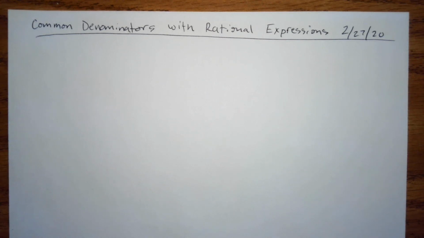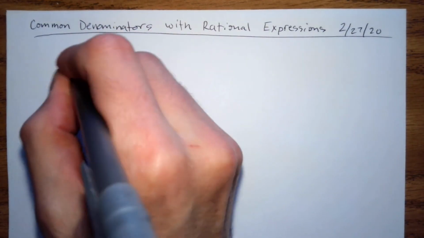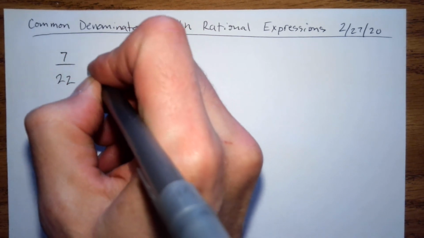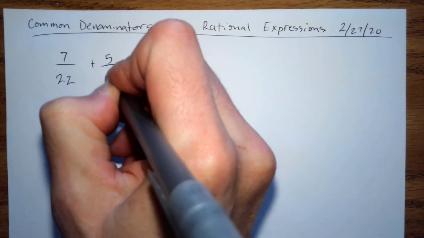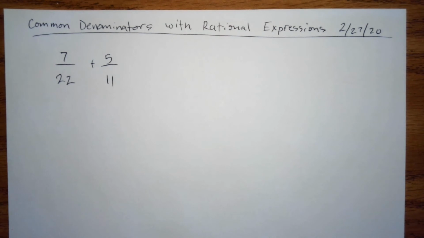The first thing that I want to do is review if you're getting common denominators with just numbers. So if you have 7 over 22 plus 5 over 11, the whole point of today is trying to figure out what's missing from one of the denominators or both, and then multiply in the numerator and denominator to make the denominators the same.